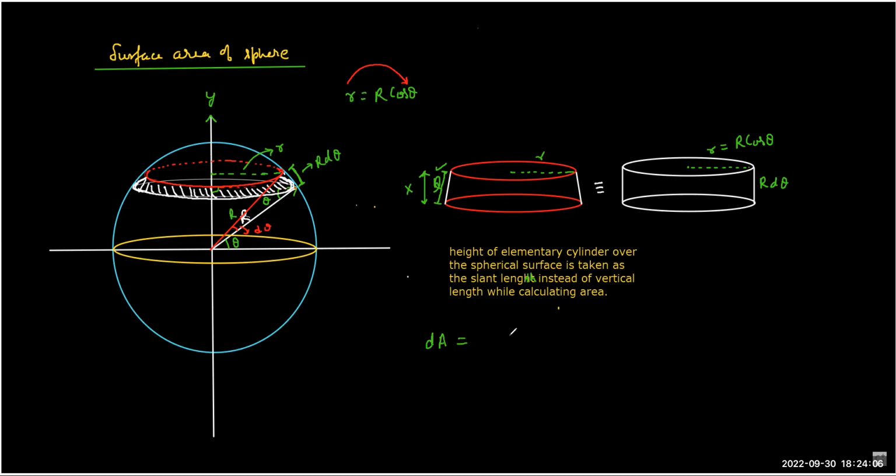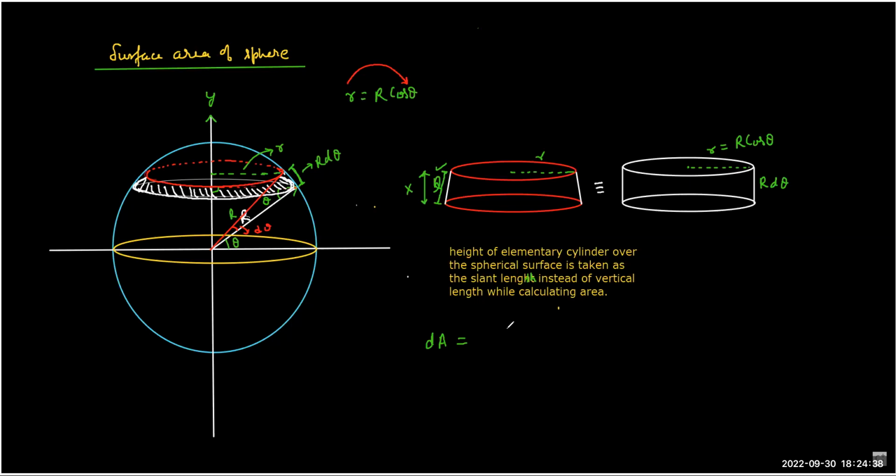Now this is a simple cylinder, and we know the formula. So what is the formula? Tell me. And you can also think like this: if you take this thin strip and cut and spread it, the width of the strip is actually the slant length.